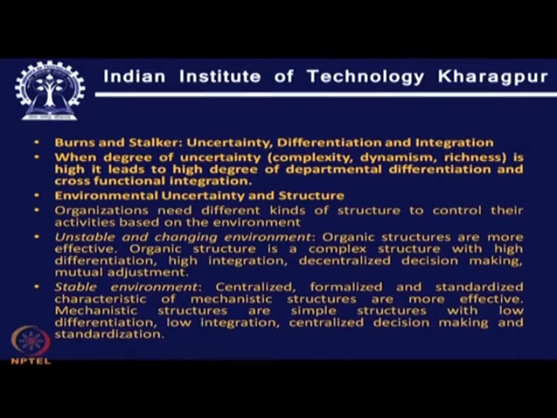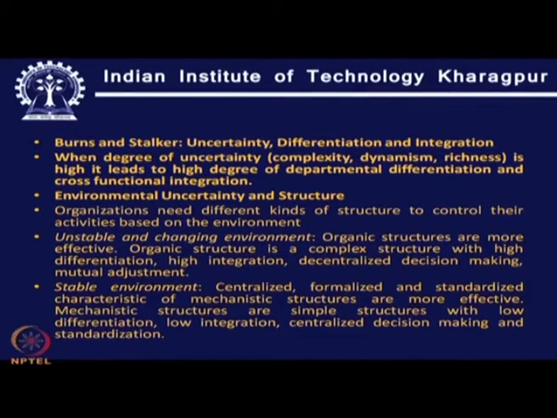When it is a stable environment, centralized, formalized and standardized mechanistic structures are more effective. Mechanistic structures are simple structures with low differentiation, low integration, centralized decision making and standardization.